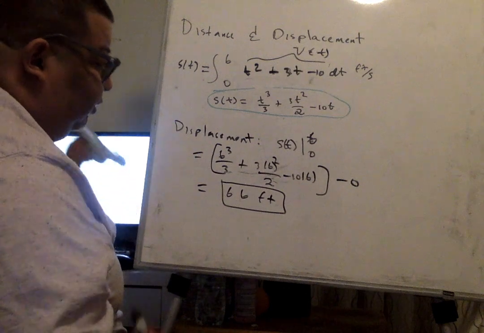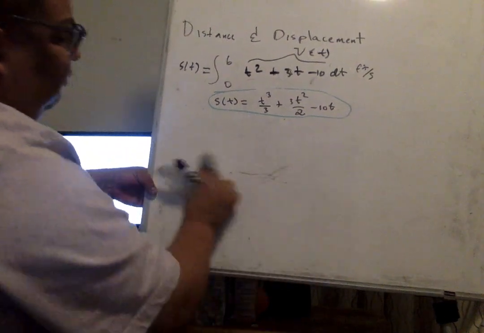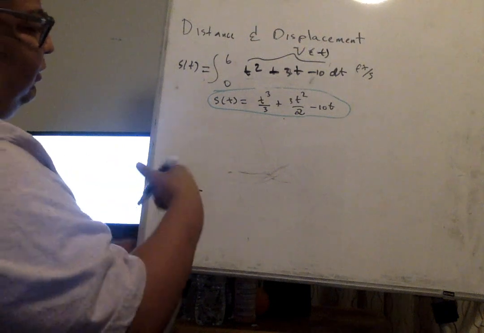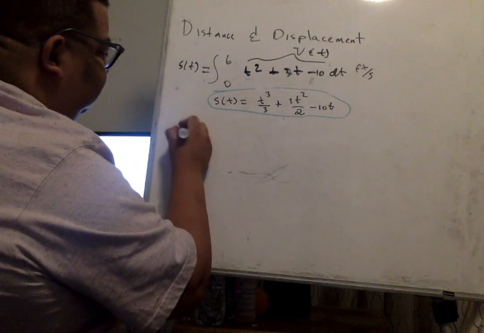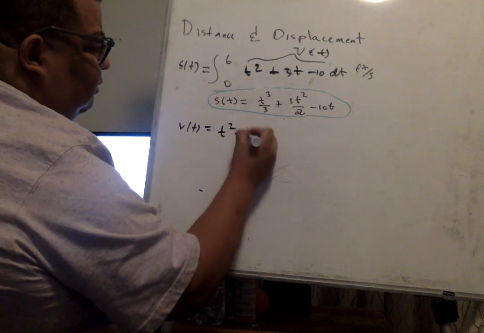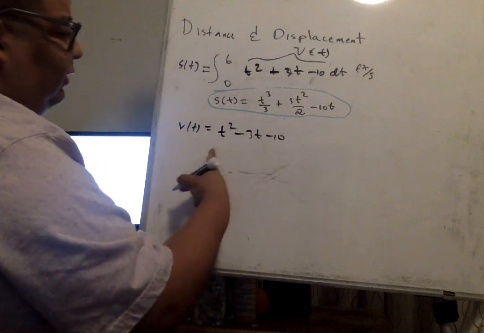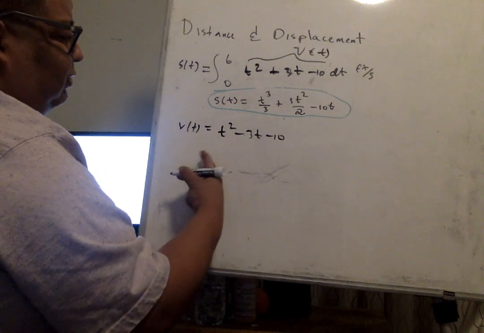To find your total distance, that's going to be a different calculation. You're going to take your velocity function, which is equal to t squared minus 3t minus 10, and you're going to factor it, and find out where the velocity is negative and positive.